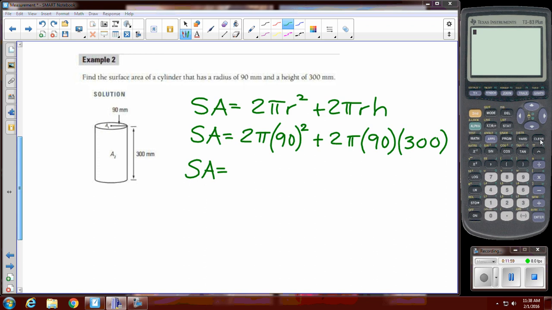So I'll just do the 2 times pi times the radius squared.